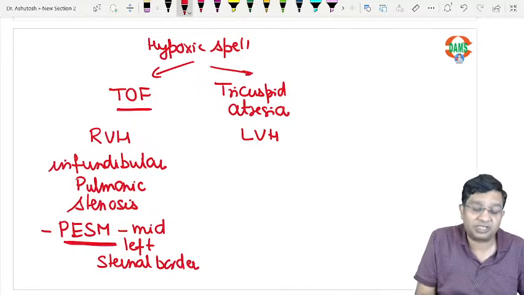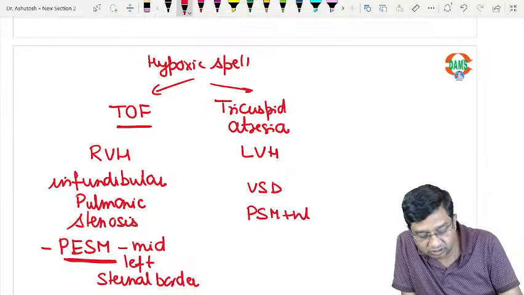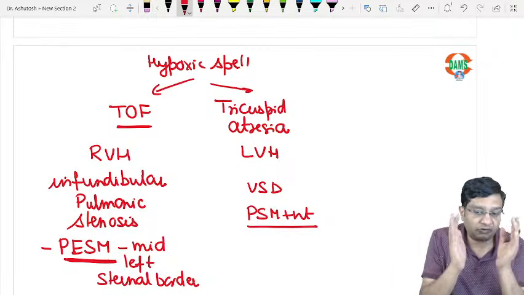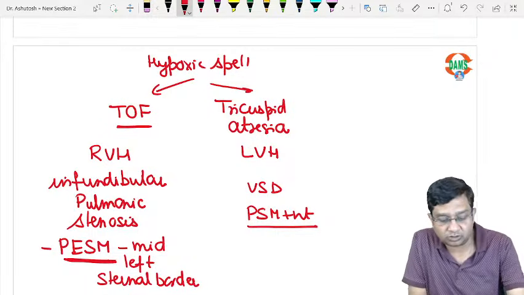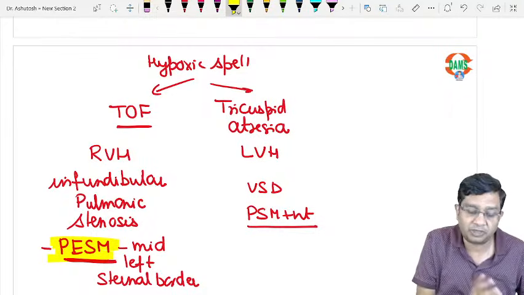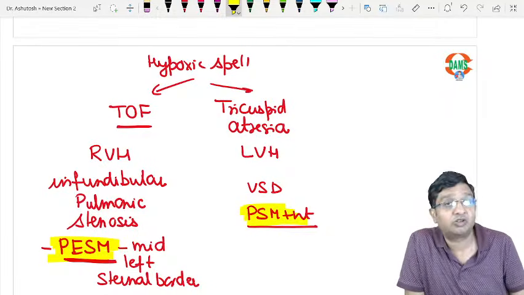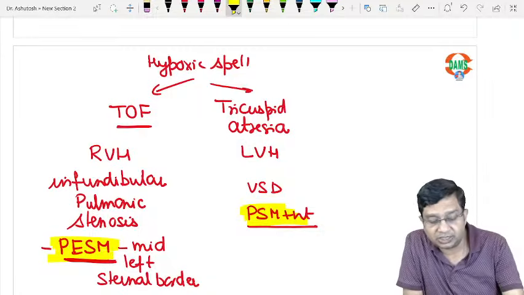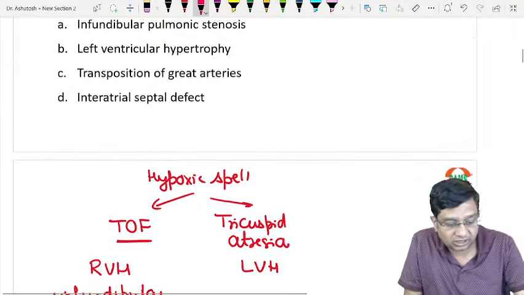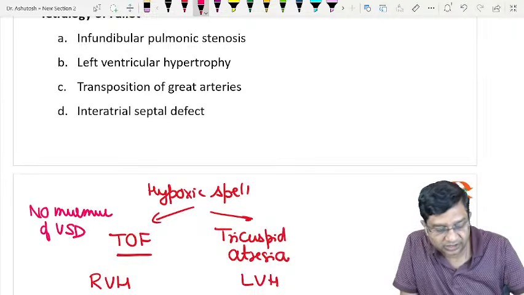In tricuspid atresia, there is LVH and a VSD, which produces a pansystolic murmur. So if they give you a hypoxic spell and an ejection systolic murmur, your answer should be TOF. If they give a pansystolic murmur, the answer is tricuspid atresia. Remember, in TOF there is no murmur of VSD.